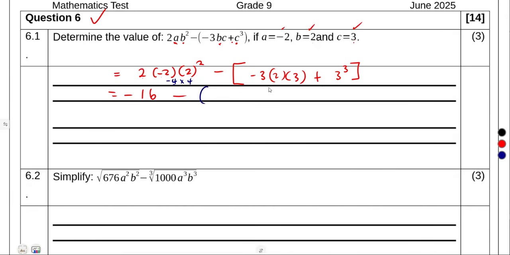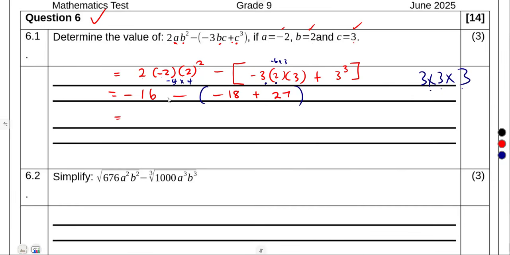So that was going to give us -3 times 2, which is -6 times 3, that's -18, plus 3 to the exponent of 3, which is 27. If you multiply 3 times 3 times 3 like this, 3 times 3, that's 9 times 3, 27.